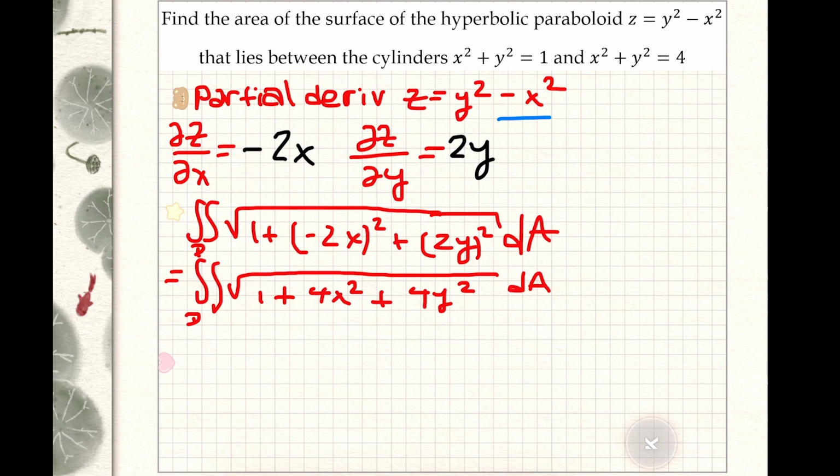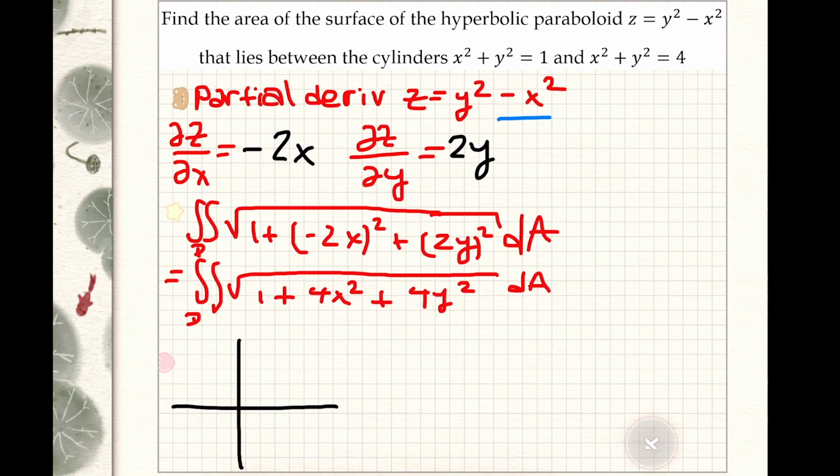Our third step would be graphing. It doesn't have to be perfect, but just so you understand what region we are really caring about, because we might have extra stuff that we don't need. From the question, the cylinder x squared plus y squared equals 1.